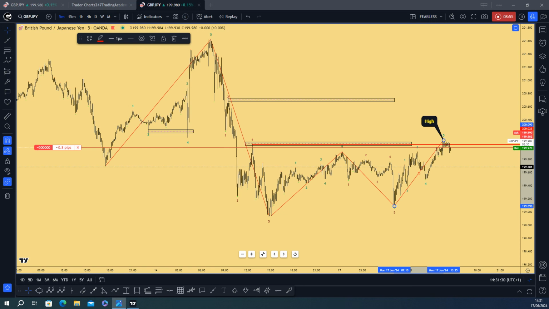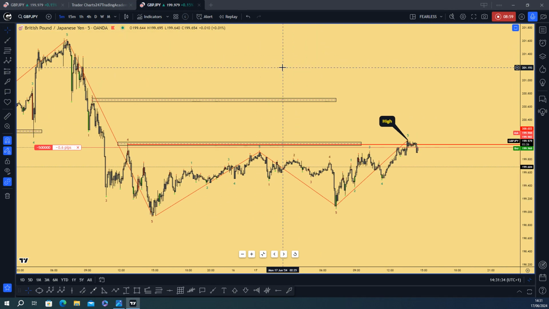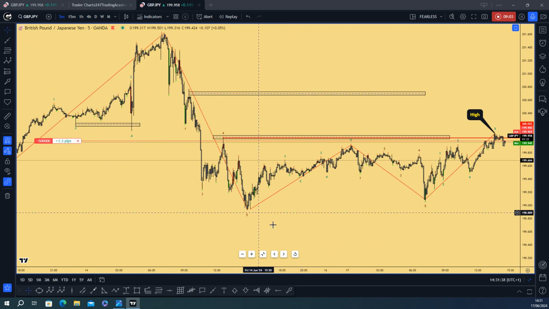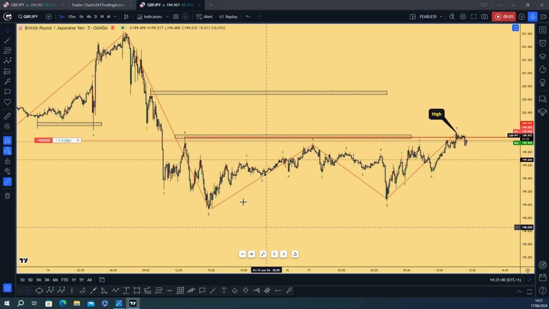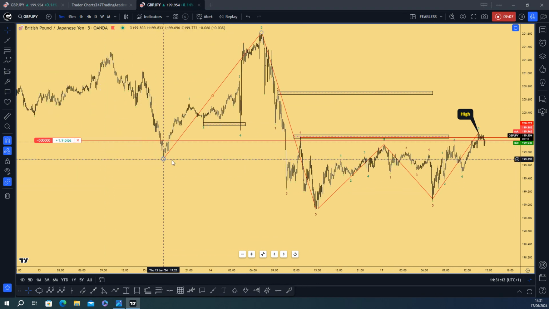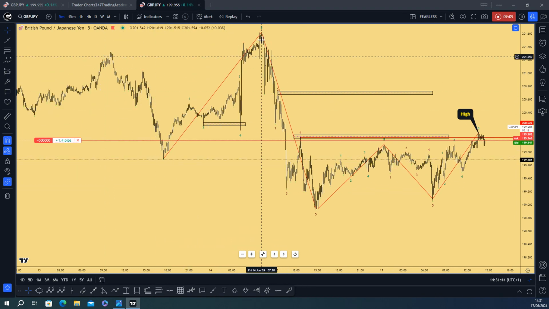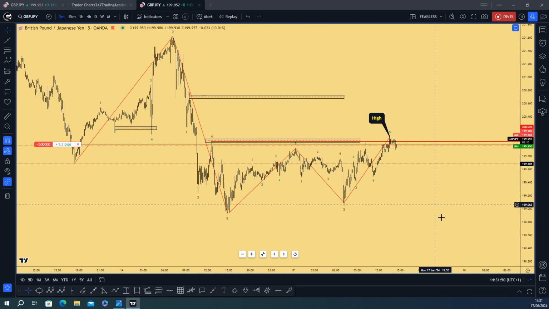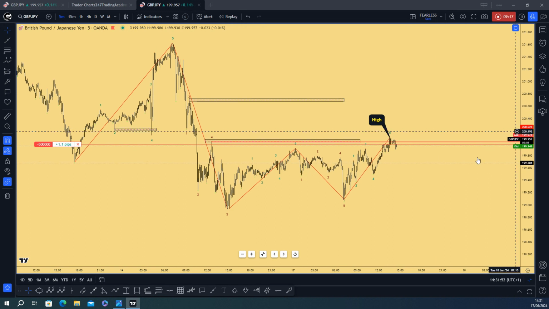So basically, what I've just done now, I am convinced that the high probability trade I should be taking is selling, because I have a break of structure here. A major structure was broken down. I've seen ABC pullback. My expectation is for a trend continuation. So how do we trade this?